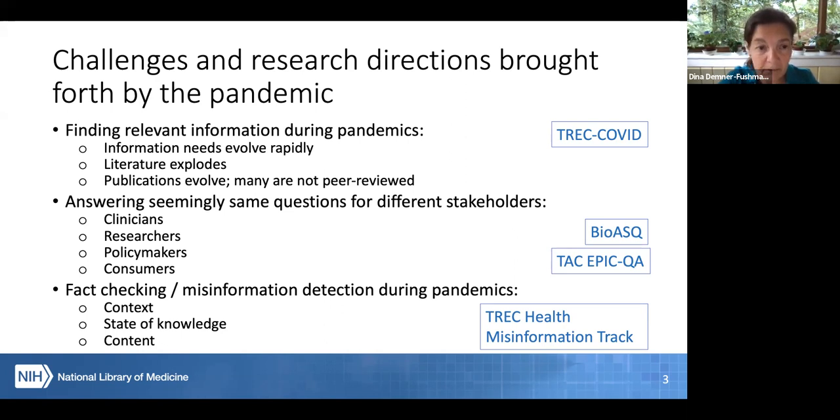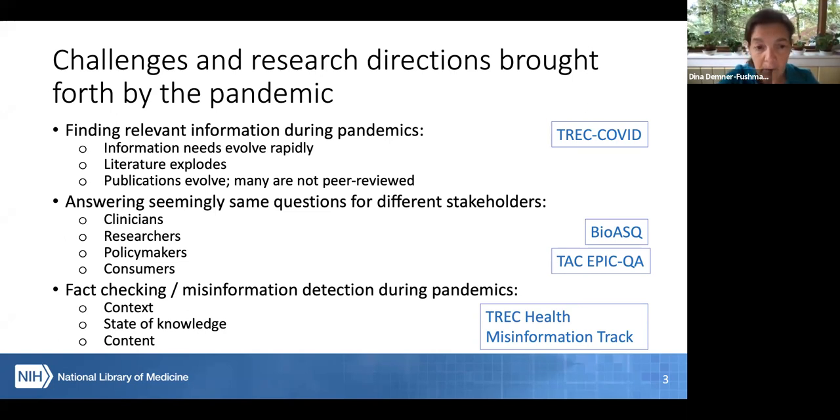It's still not enough. So question answering is really becoming a necessity now that we have all these relevant documents coming out. And when we started talking about question answering, of course, it's not a new challenge, but what we decided to do for the first time is address different levels of expertise. We all know that clinicians have questions, researchers have questions, and these are the ones that are addressed in BioASQ.